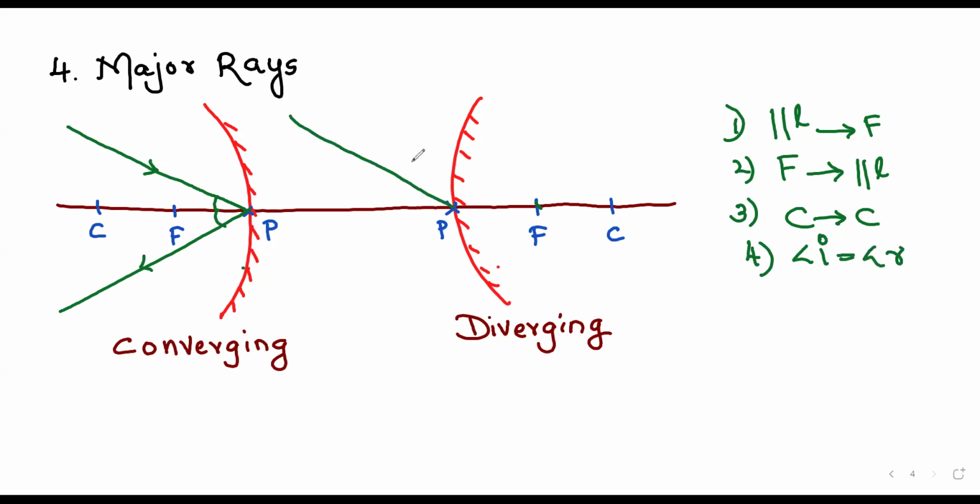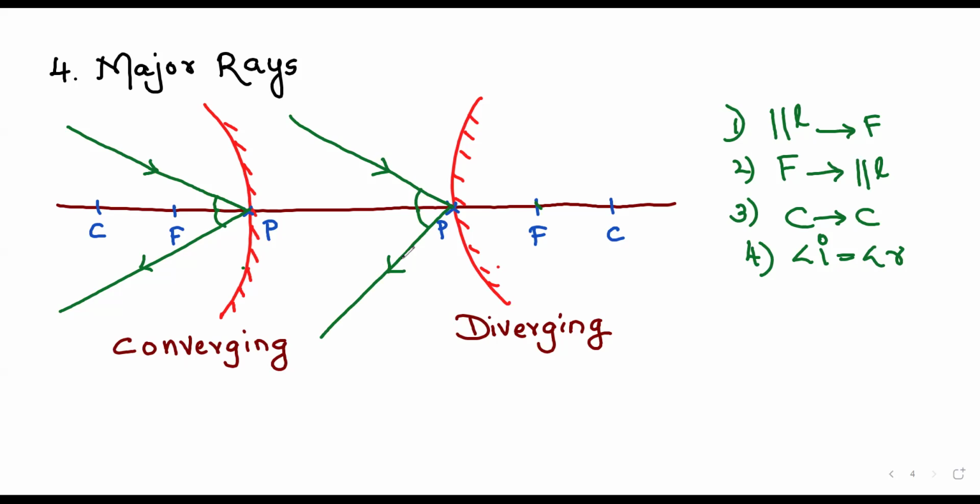So if it is falling at any angle, with the same angle it will reflect back. So these are the four major rays in a mirror. What are they, children? Parallel, focus. Focus, parallel. C. Angle of incidence, angle of reflection.